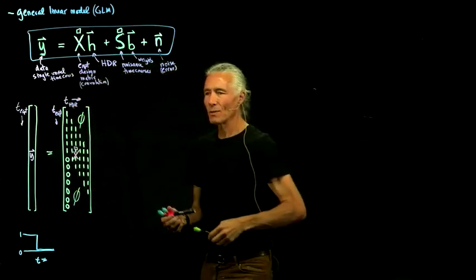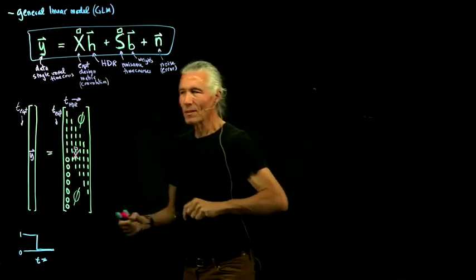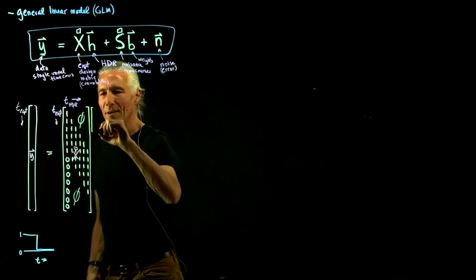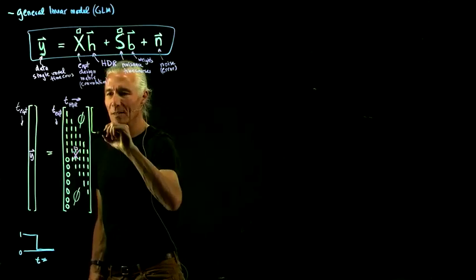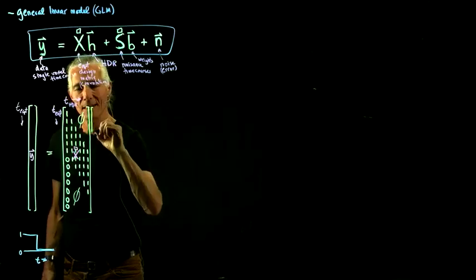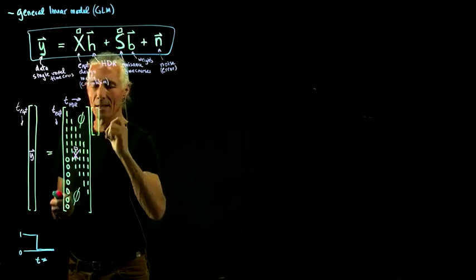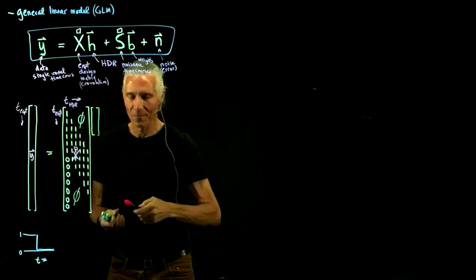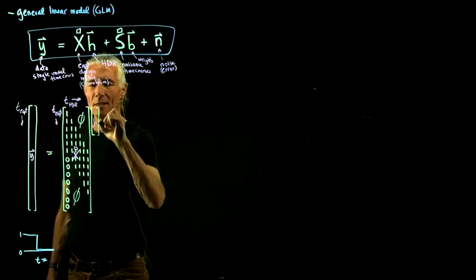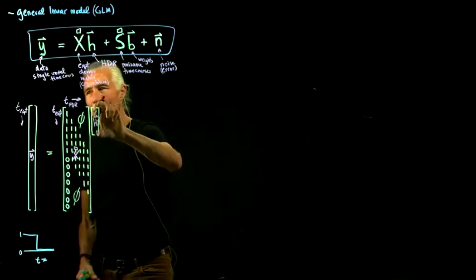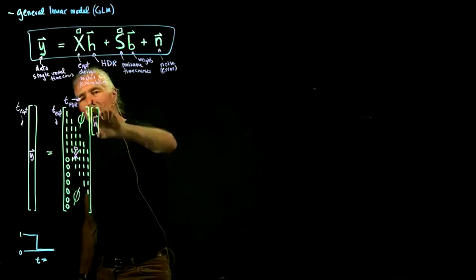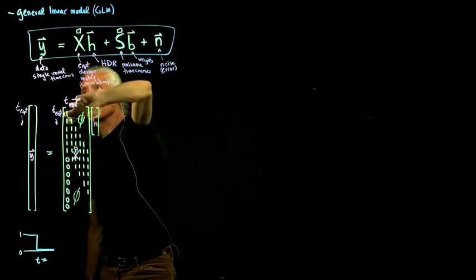And now what we're doing is multiplying that by our hemodynamic response function. Now, what is the size of this guy? This guy's going to be shorter. It might be, say, like 10. So this is our H vector. That one is going to be the same size as this part of the matrix.